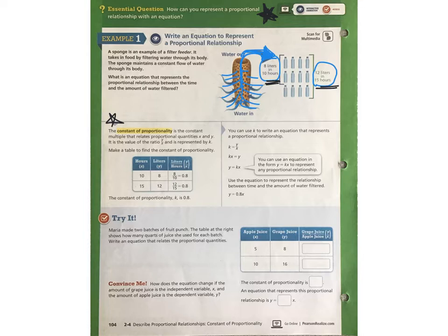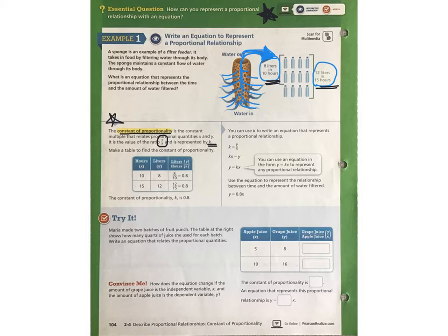Here we are introduced to the term constant of proportionality. The constant of proportionality is the constant multiple that relates proportional quantities x and y. It is the value of the ratio y over x, and it is represented by the letter k.